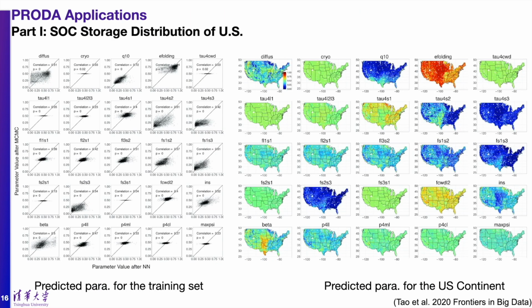The figure on the left shows the performance, how well the deep learning algorithm can predict the parameter values that are optimized in the site-level data assimilation. And the figure on the right shows maps learned by the deep learning algorithm.